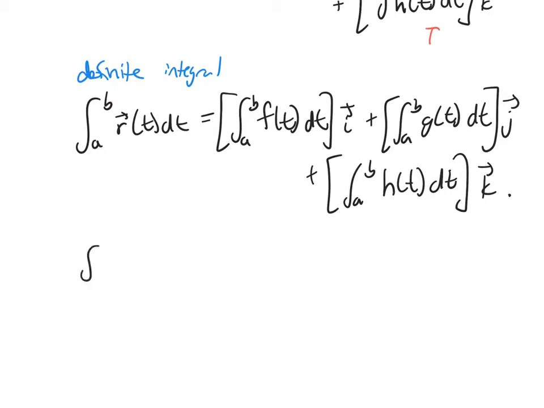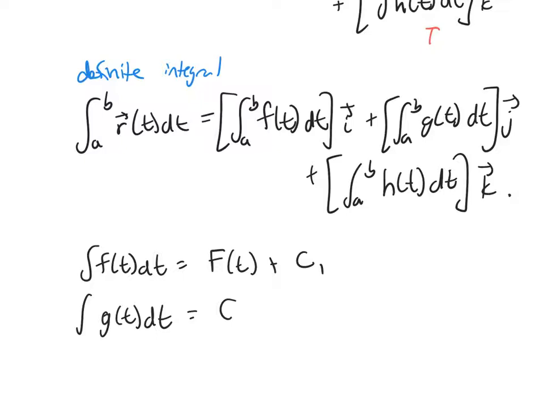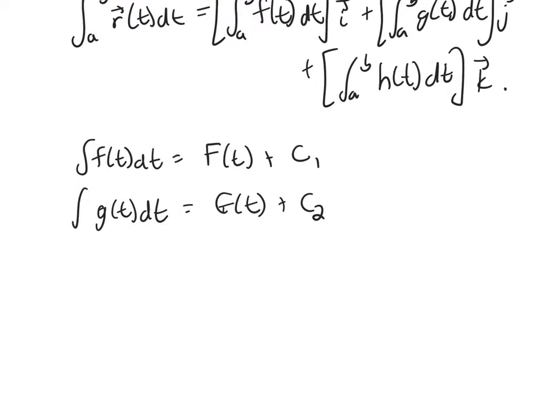So the integral of f of t, you'll get an antiderivative plus c, I'll call it c1. G of t, you would get an antiderivative plus another constant, c2. And then the integral of h of t will be an antiderivative plus another constant, c3.